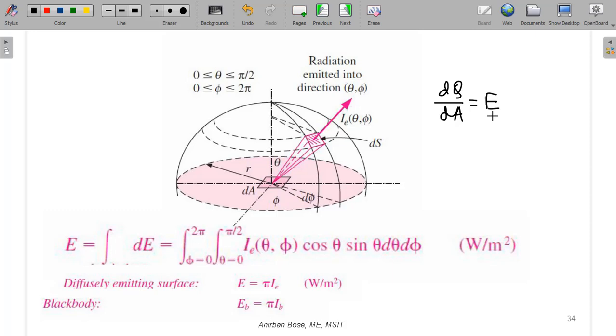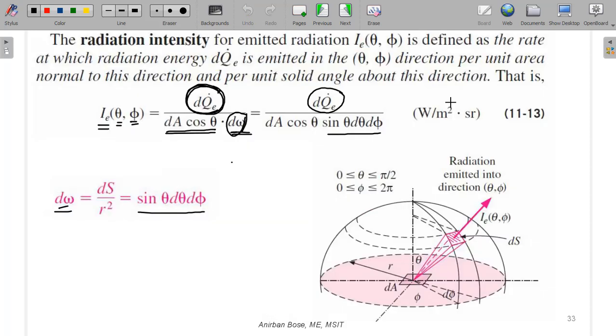And if you want to find out the total flux, this is the dE, the small flux, and the total flux will be the integration of this quantity. We have already seen the expression of dq. We have divided by dA because in the expression, this particular quantity dq by dA is what is dE.